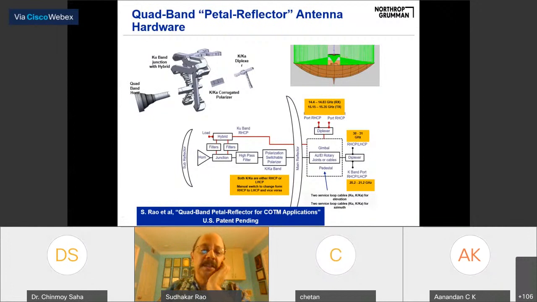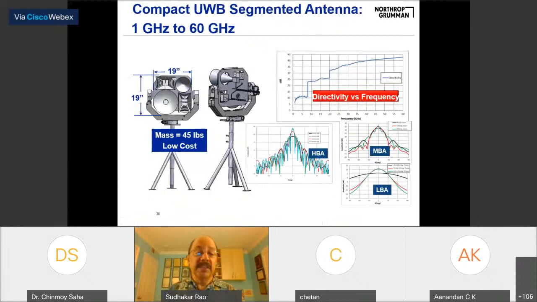So the corrugated polarizer we have here has 2 rotary joints, one before and one after, so that we can manually rotate it and use any polarization we want between either LHCP or RHCP. So this is the block diagram you can see. So gimbal, and then there's a cable actually running through. So the whole thing weighs about 10.1 pounds.